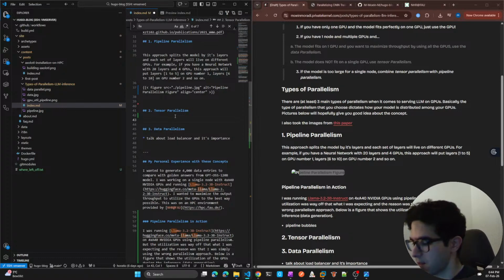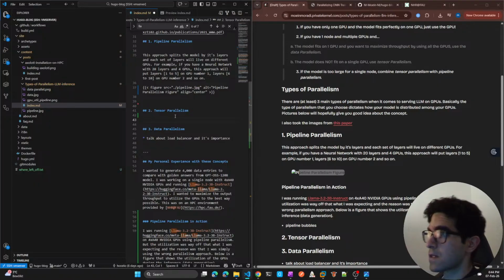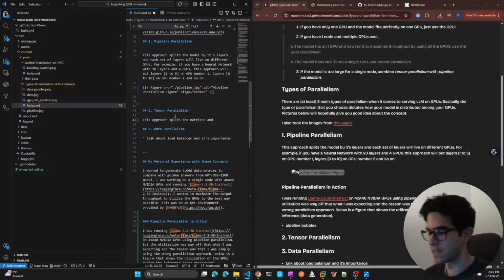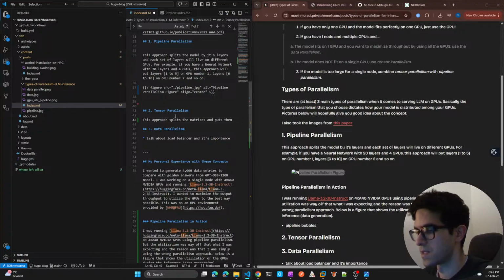Okay, tensor parallelism. Here, like above, we just say this approach splits the matrices and puts them on different GPUs.